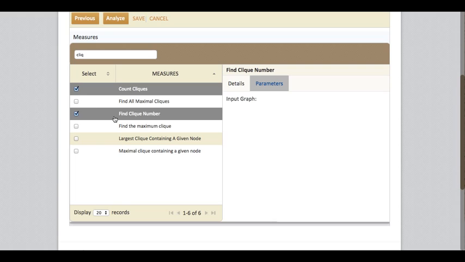So that's what I will do. Hang on, that's the same thing. Count cliques and finding clique number. I don't know, I'll try both. Find clique number. Alright.